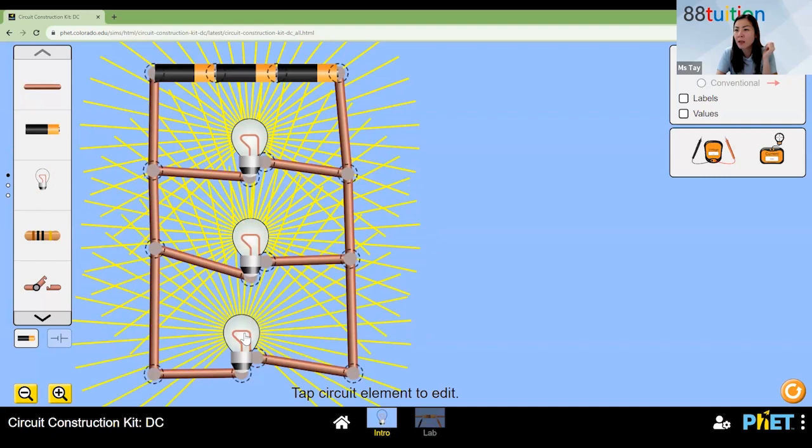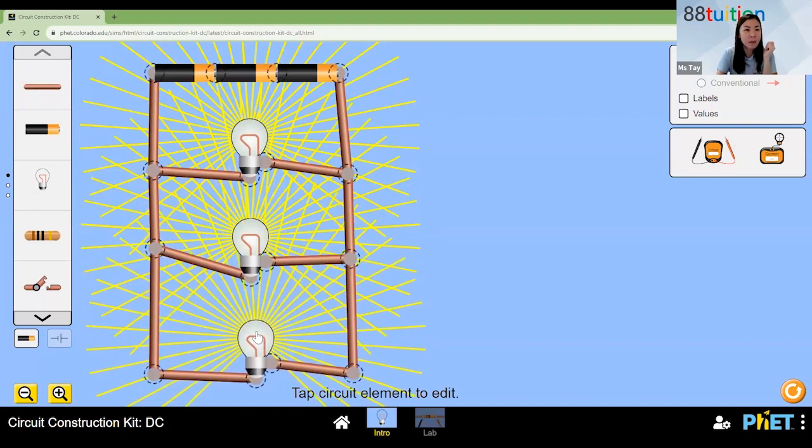So if I connect, do you see that they are all the same brightness? No matter whether it is 1, 2, or 3 light bulbs, every one of them will have the same brightness. Yes or no? Yes, very good. I see Qi Hui nodding. Good. So when you do this, I know that you are following and you understand. Well done. So this is the answer.